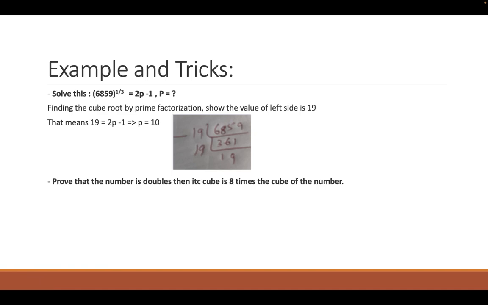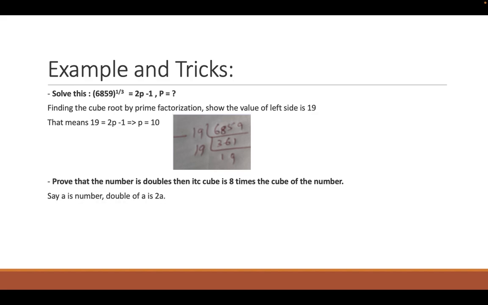Next, prove that if a number is doubled, then its cube is 8 times the cube of the number. Yeah, I mean, this is basic maths. Per se, you have 3, okay? 3 cube is 27, and then you have 6, which is double of 3, and 6 cube is 8 times of 3 cube.